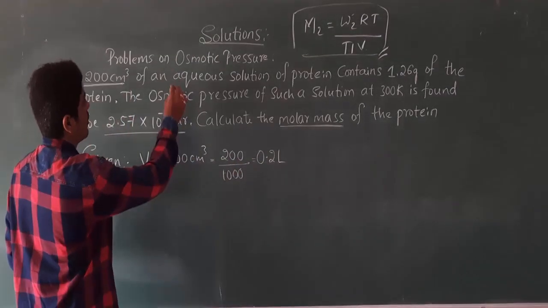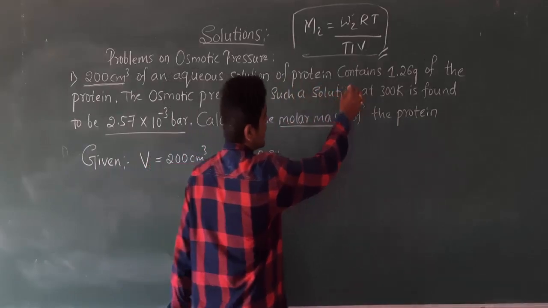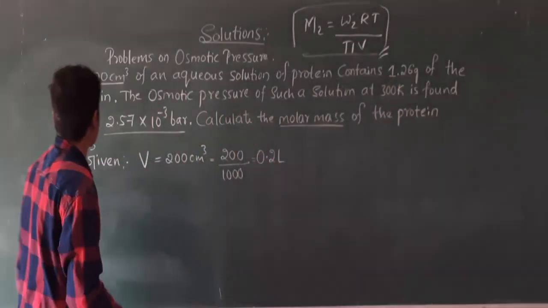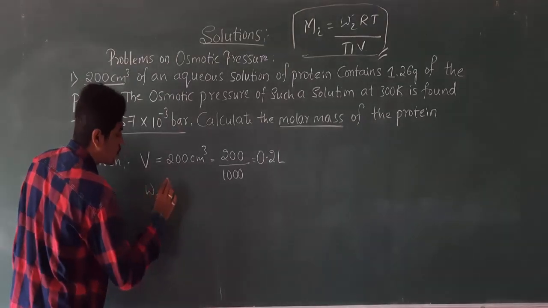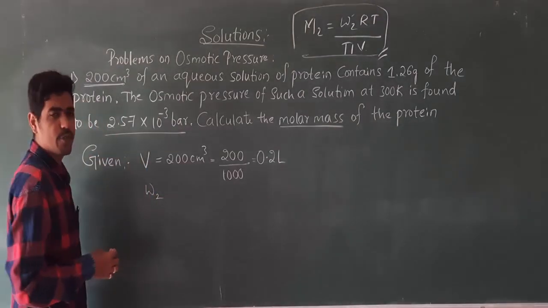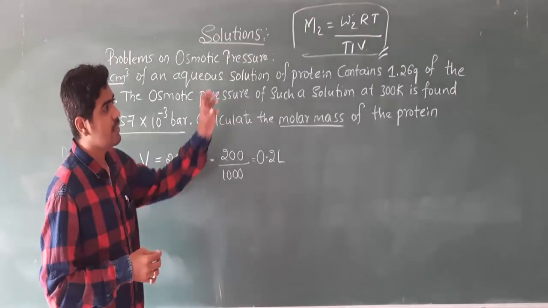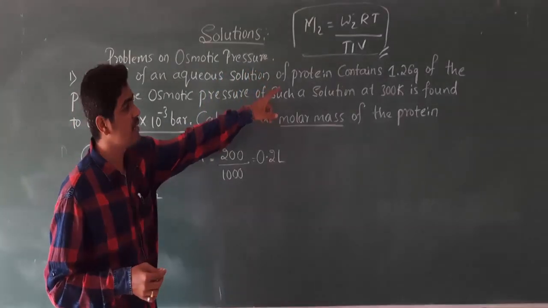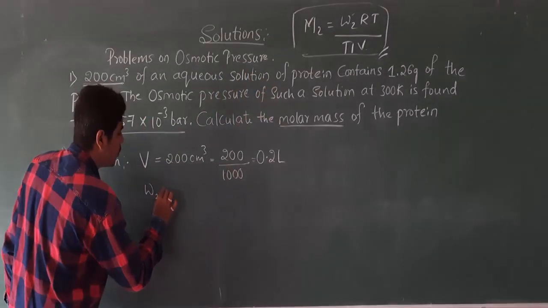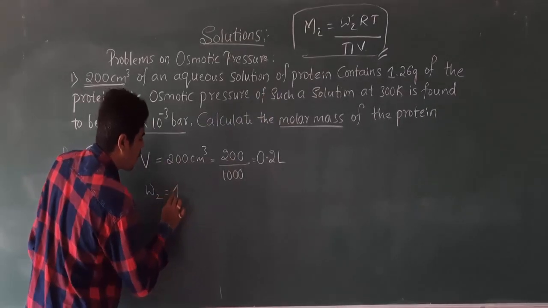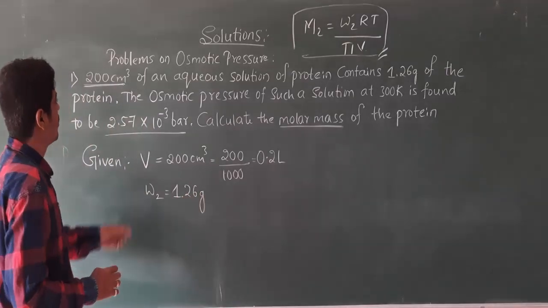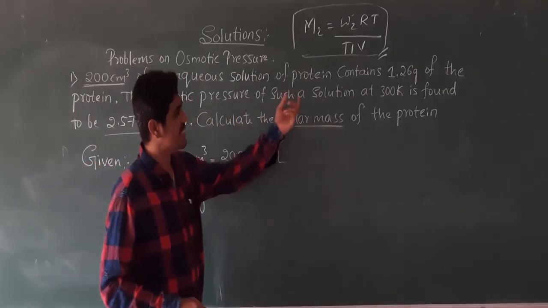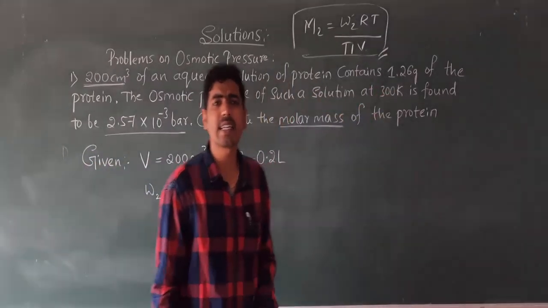Then next, it contains 1.26 gram of protein. So what they have given is W2, that is the mass of the solute, because the solute present here is protein. So W2 is equal to 1.26 gram. Next, the osmotic pressure of such a solution at 300 Kelvin.